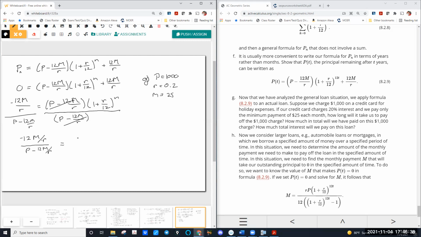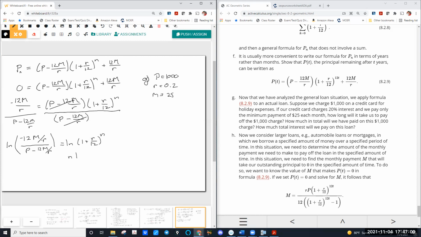And we have something left where we have to get n out of an exponent. So this is going to use logarithms. You can use the common log or natural log. I like using natural log, so I take ln of both sides. That allows me to put that n out front.